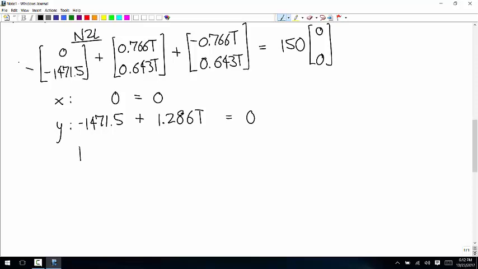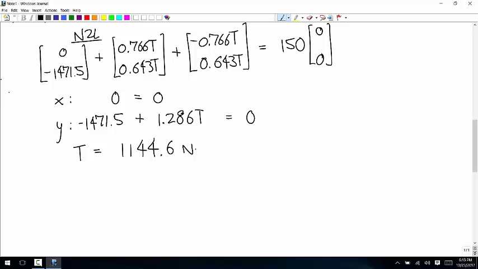And so T then is equal to 1471.5 divided by 1.286. I think I remember that's something like 1144.6 newtons. And so that's the magnitude of the force that the cable applies to the things it's connected to.